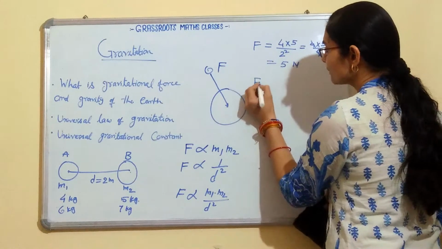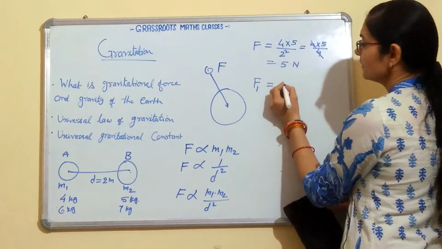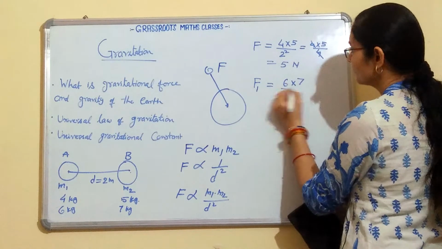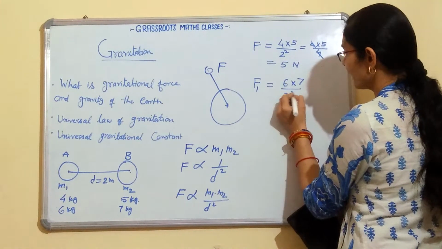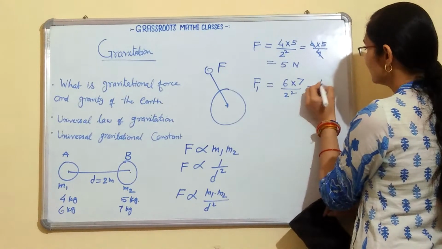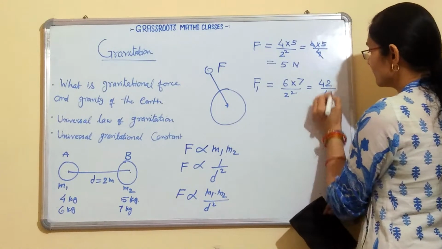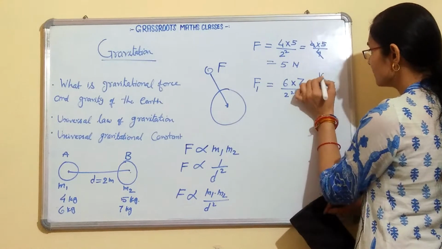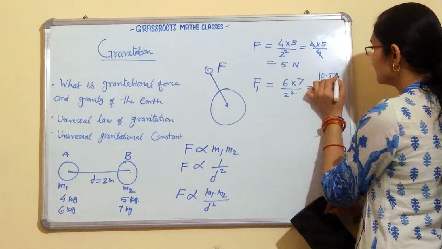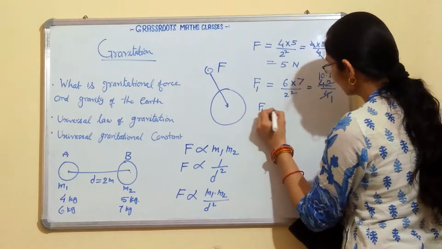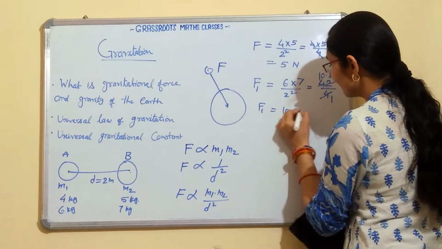Then the force for the first case is 6 into 7 upon 2 square. That means 6 sevens are 42 divided by 4. So we calculate this, that means F1 is equal to 10.5 newtons.